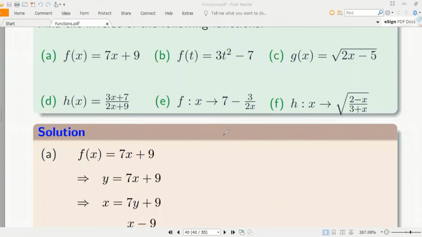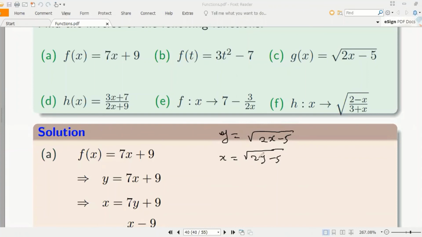The procedure is: where there is g of x, write y, and where there is y, write x, where there is x, write y. Then you make y the subject of the formula.